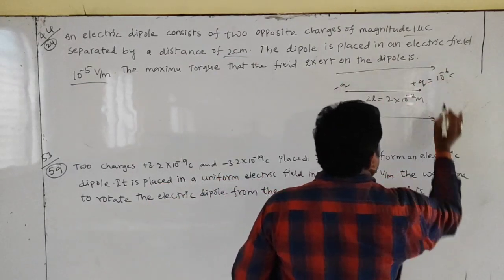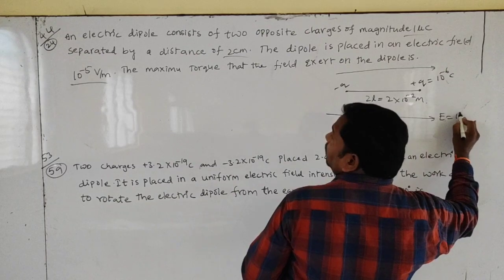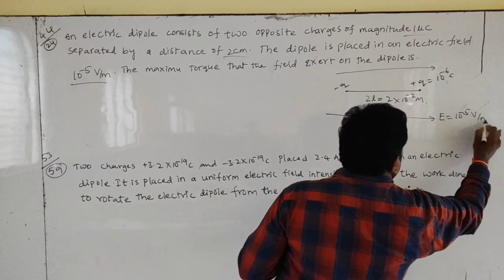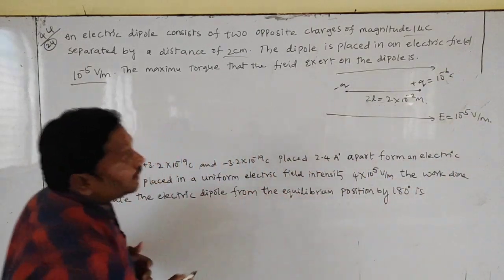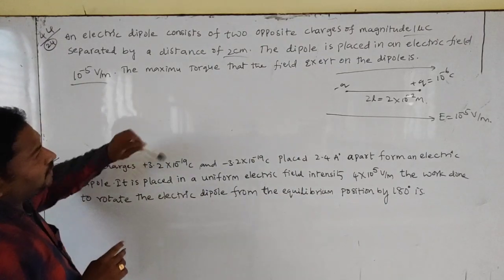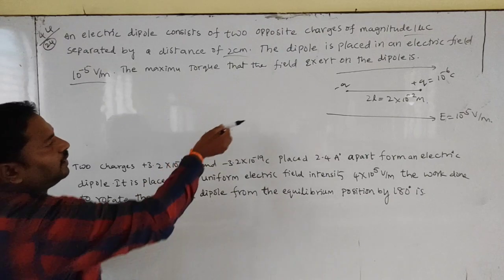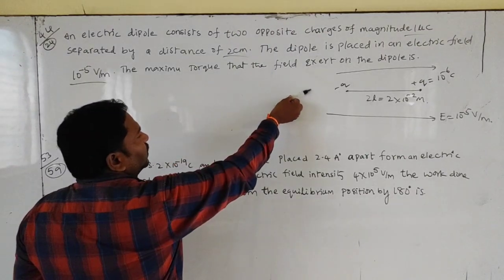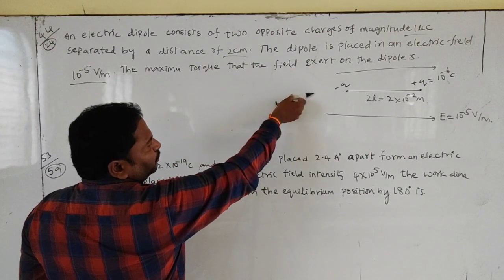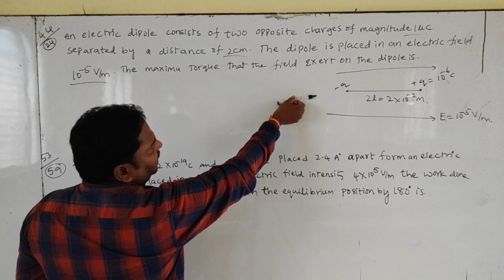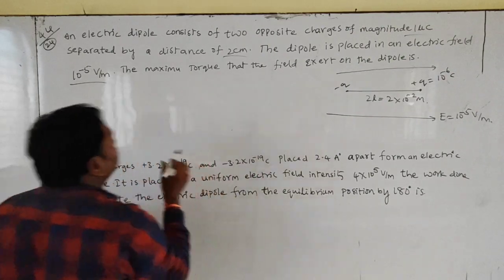So what is the electric field? 10 power minus 5 volt per meter. Then we need the maximum torque exerted on the dipole when it is displaced from its equilibrium.